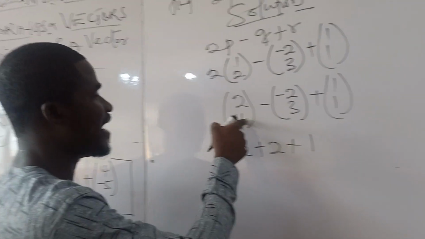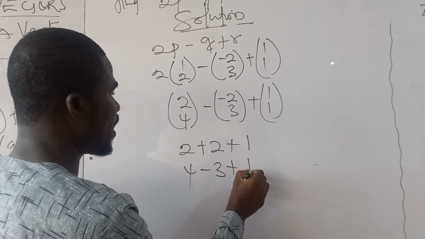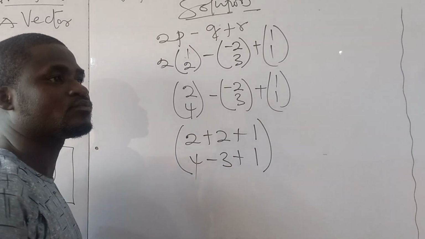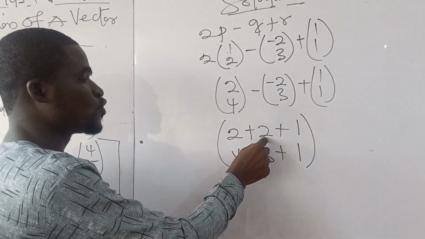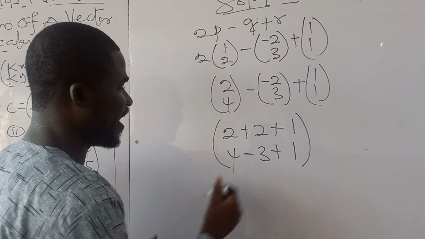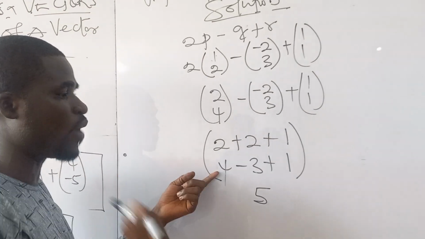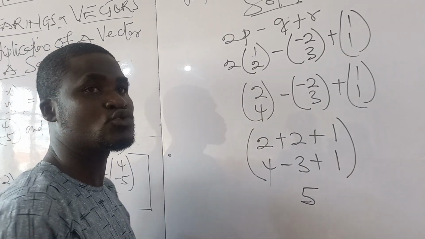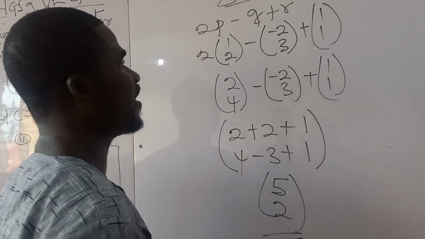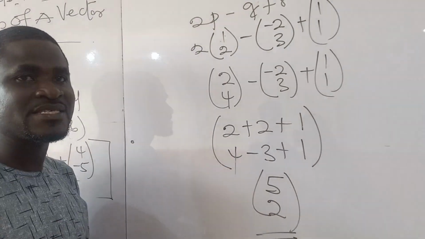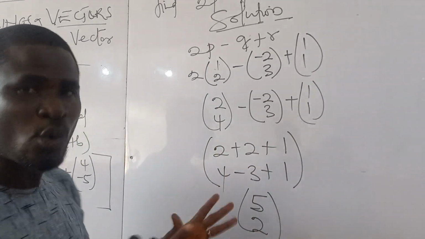Now, we have 4 minus 3 plus 1. Let's add it. So, 2 plus 2 is 4 plus 1, 5. 4 minus 3 will give us 1. 1 plus 1, 2. So this is your final answer. Please, look at the presentation. Very neat. This is how I want you to present your work.